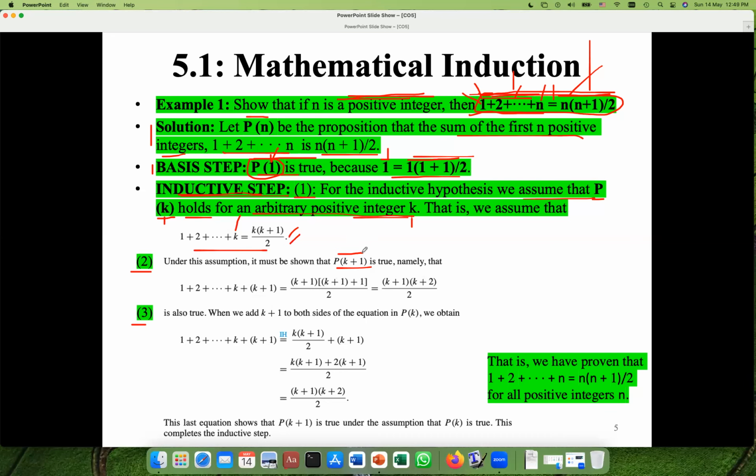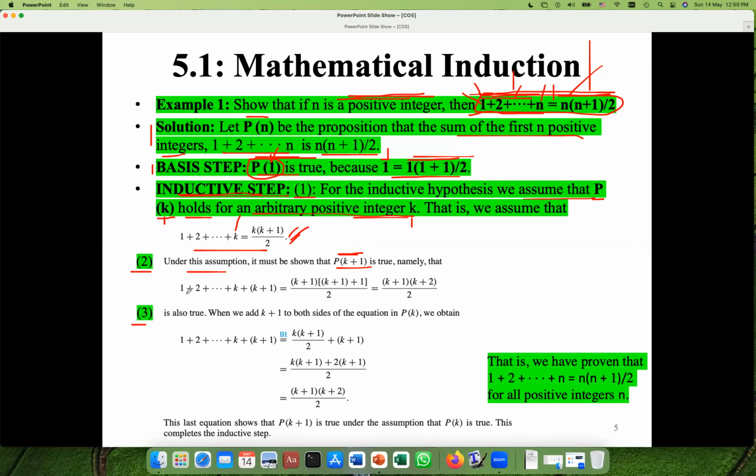But for this truth, you have to evaluate its truthness, like you did with P of 1. So now, under this assumption, you must show that P of k plus 1 is also true. And how can you say that?